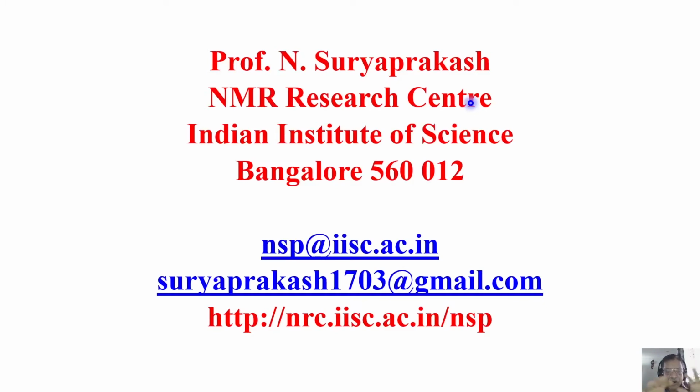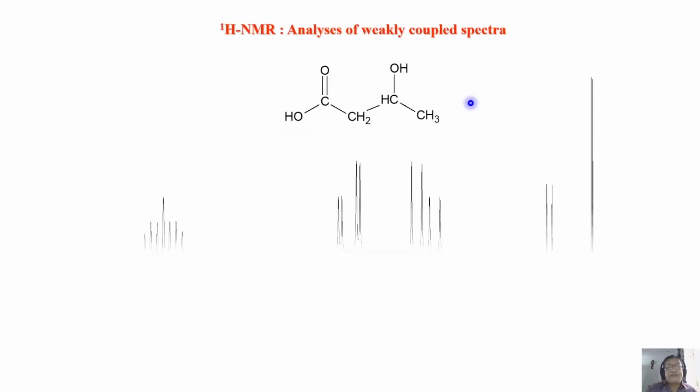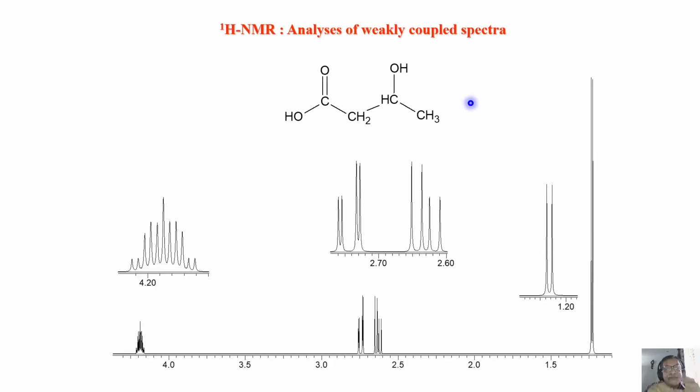Taking all this information into account, you are able to analyze spectra of many molecules, from small molecules to reasonably big molecules. To make you more comfortable, let us continue with this for some time today, because we will come across some tricky situations which I am going to tell you.